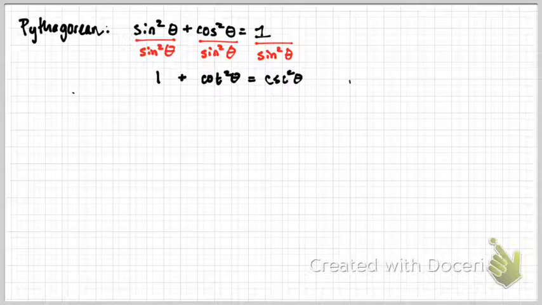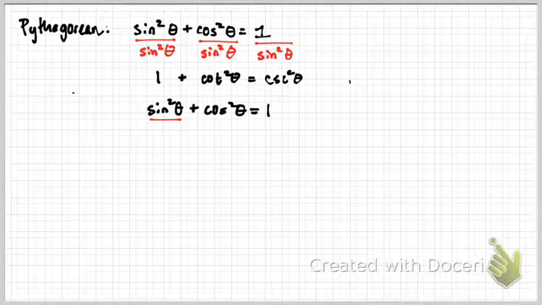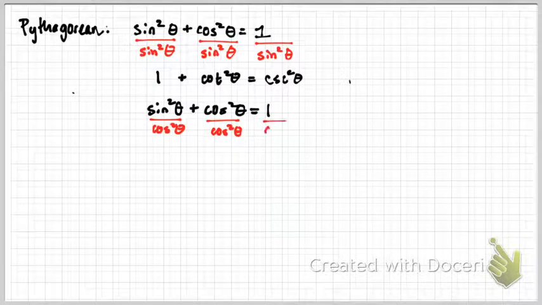And it's not here. Greg, how do we find our third one? Now we're going to divide by cosine squared. So write out the Pythagorean identity again. And now we'll divide by cosine squared for each part. And simplify that one.